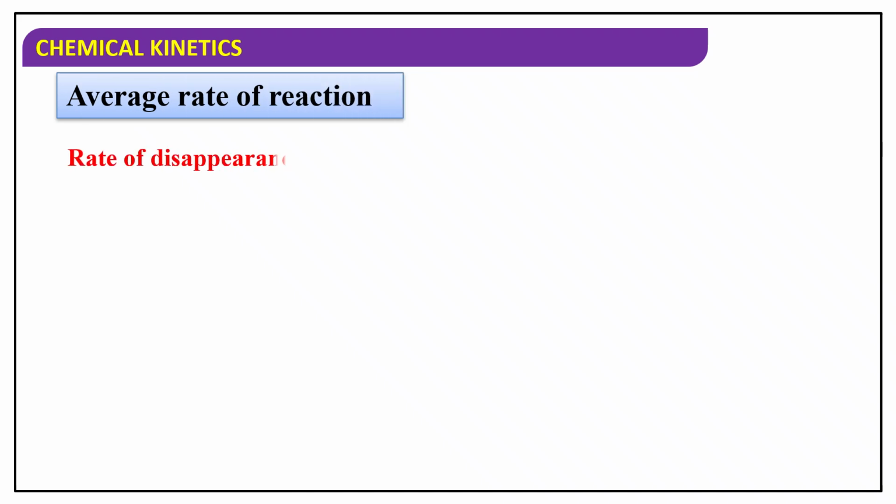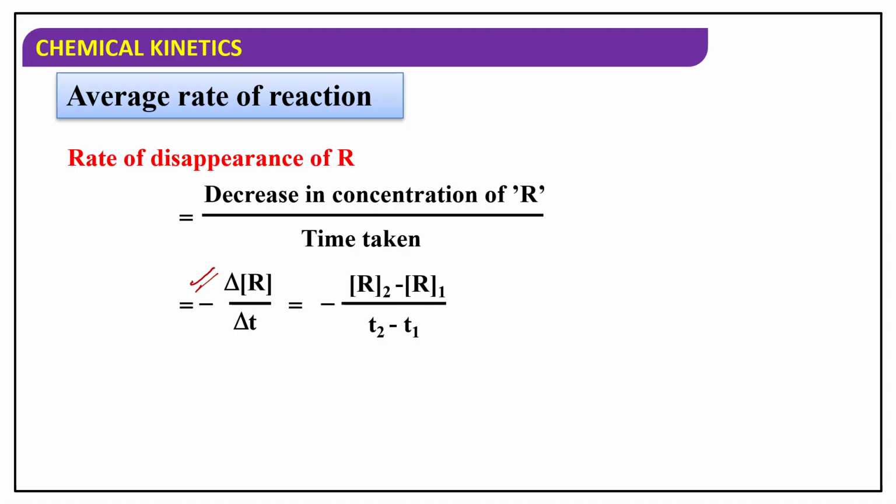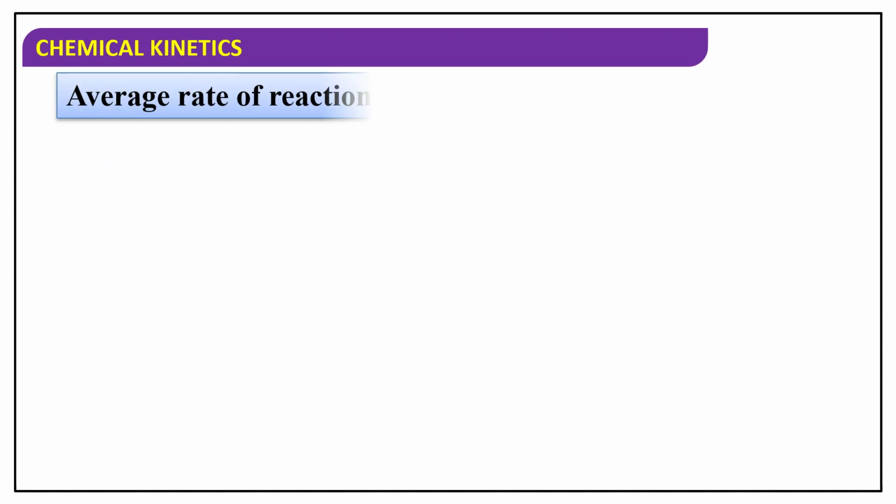Average rate of reaction means rate of disappearance of R, which equals the decrease in concentration of R divided by time taken. Due to decrement we take a negative sign: minus change in concentration of R, the reactant, divided by change in time. That equals minus (R2 minus R1) divided by (T2 minus T1). The negative sign just indicates the decrease in concentration of reactants.